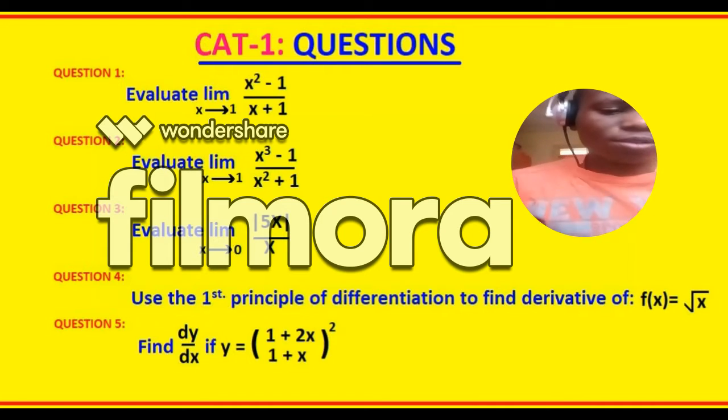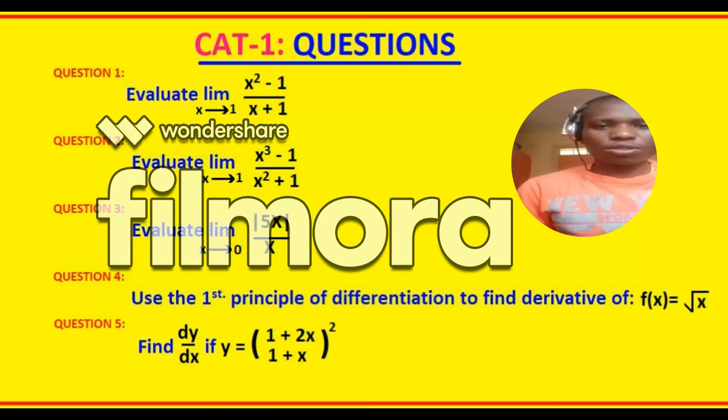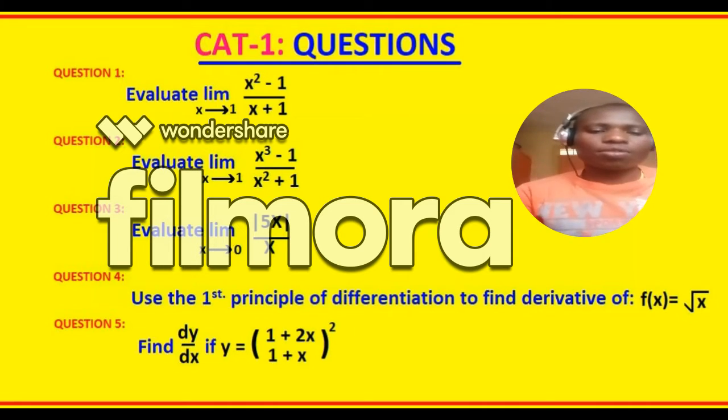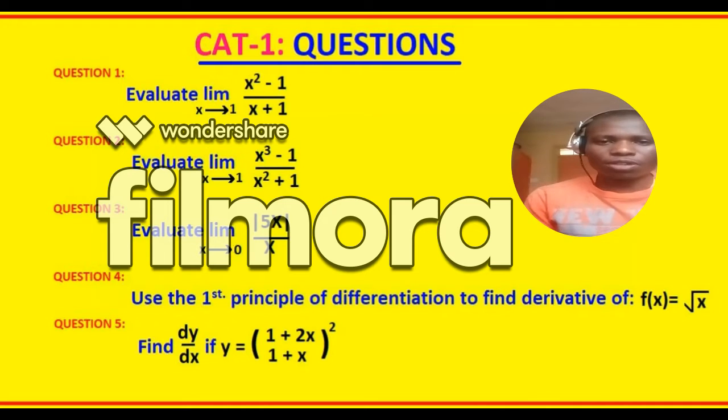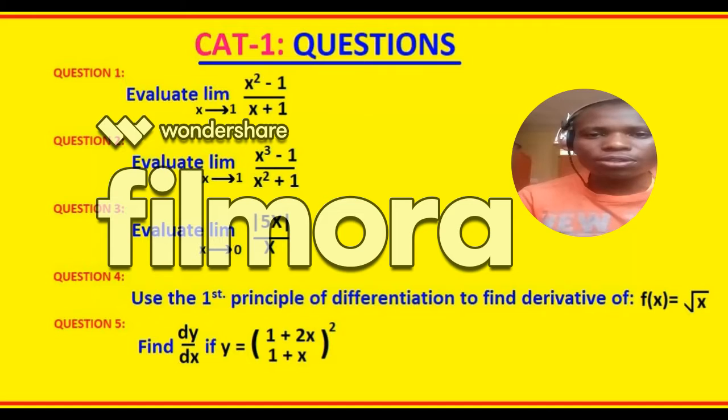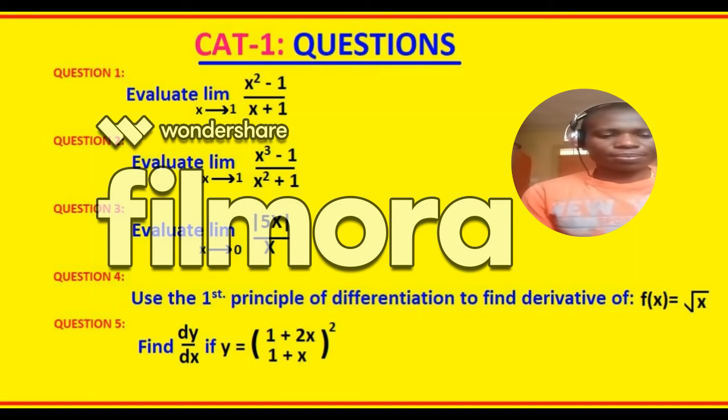The fourth question is a statement question, and it goes: use the first principle of derivative, or first principle of differentiation, to find the derivative of a function, and the function is f(x) equals root x.